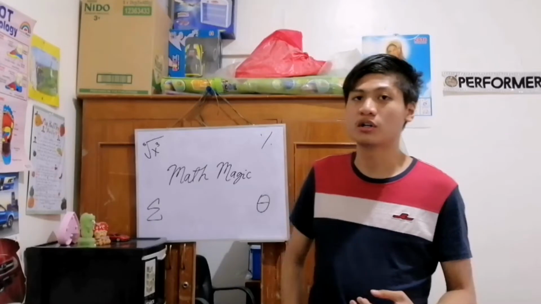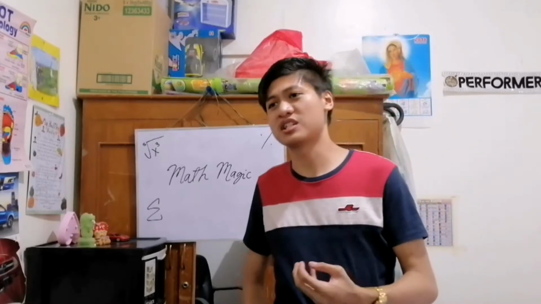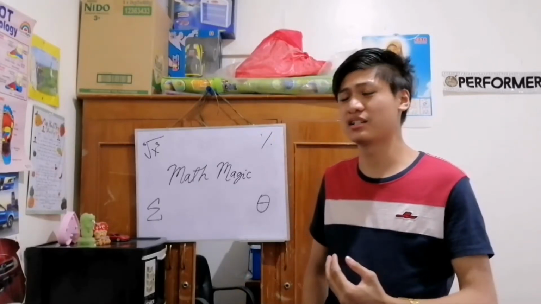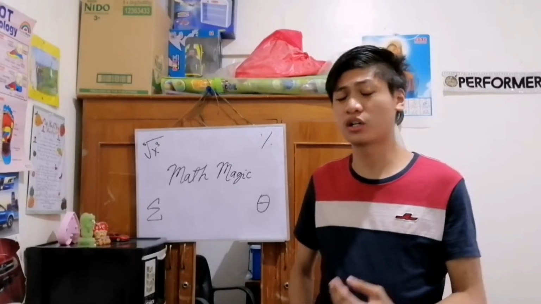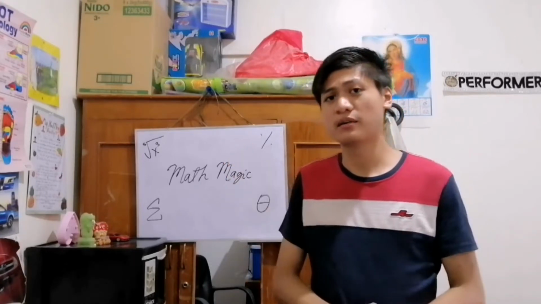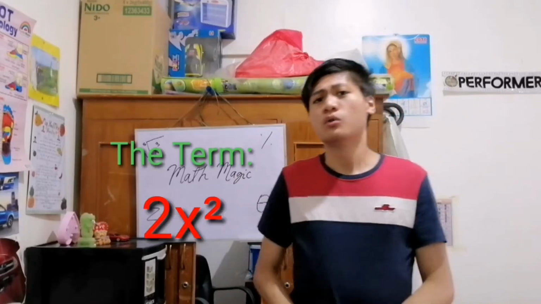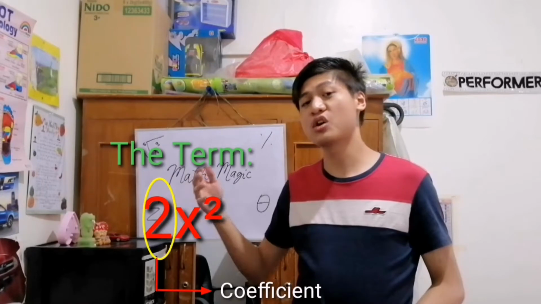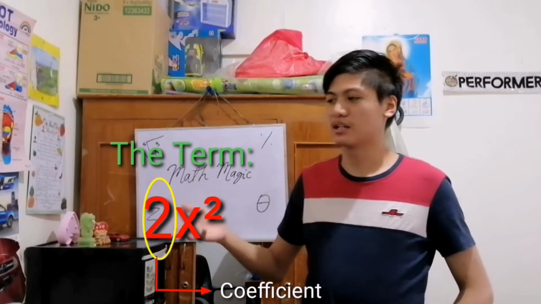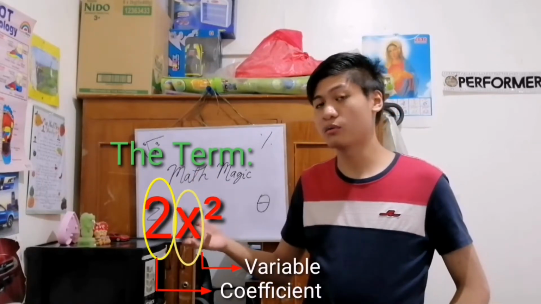Well, in algebra, when we have letters, they are also being combined with numbers, and so they're called terms. Now, this is a term right here. In a term, we have the coefficient, which is always the number. We have the variable, which is the letters.